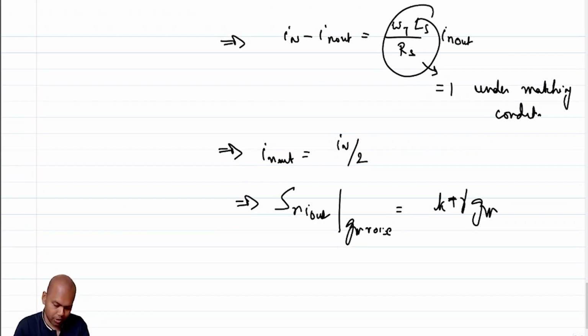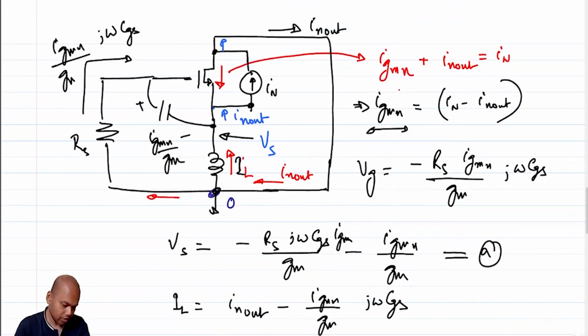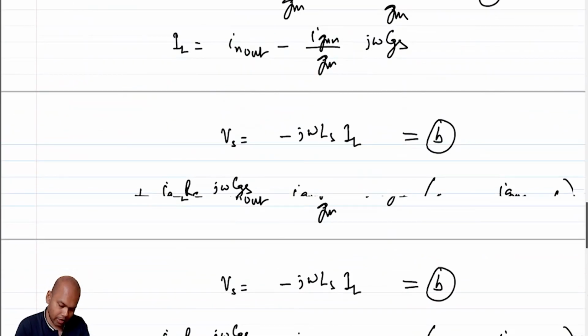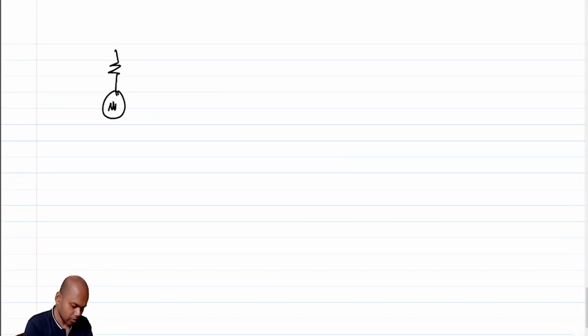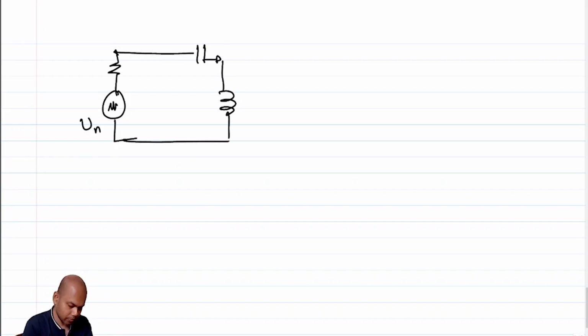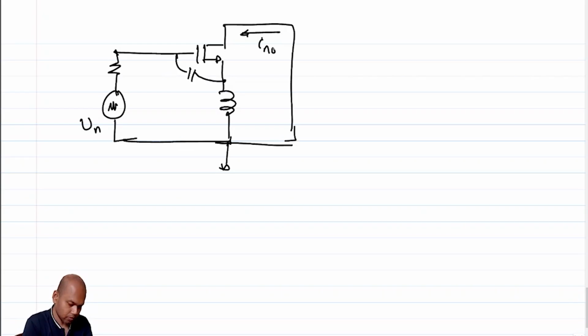What else we need to do? We need to also find out what is the noise due to RS, correct? So that is easy because we essentially know the impedances and everything. But still let's go about doing it. So this is Vn, due to RS, right?